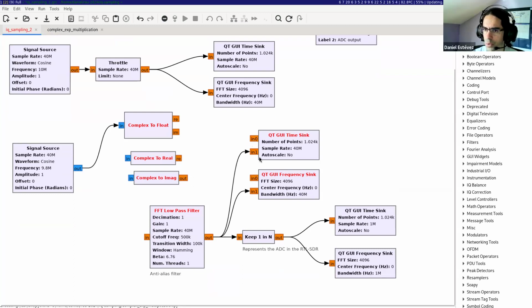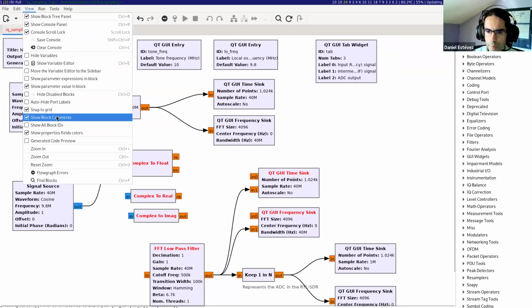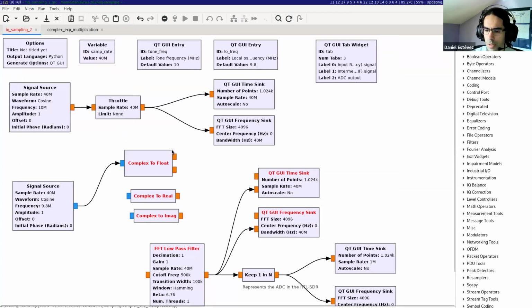For example, first input, second input. So this breaks up the complex in real and imaginary part. This only selects the real part, and this only selects the imaginary part. And for some reason, this is called output, and this is called real. But anyhow, so complex to float.